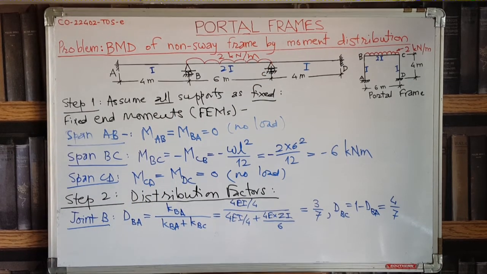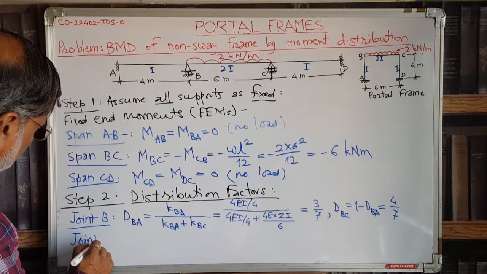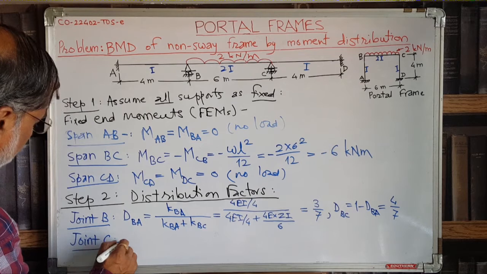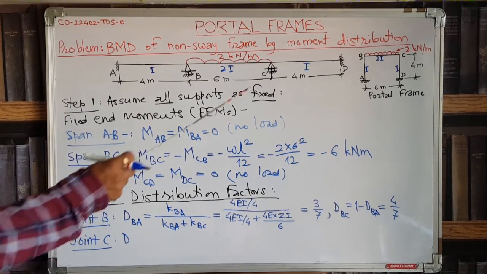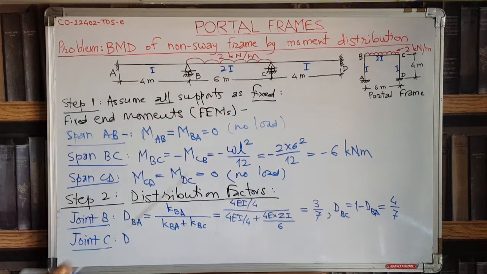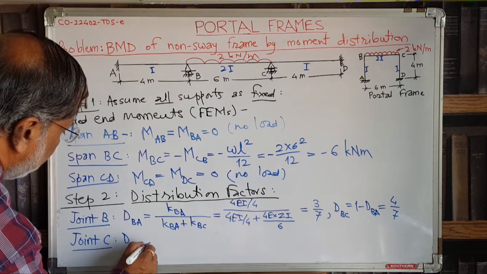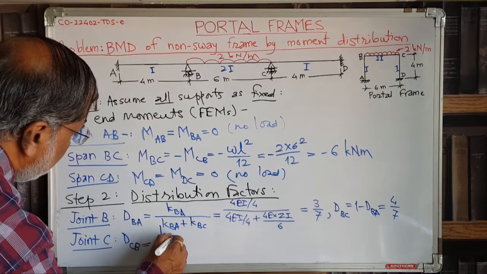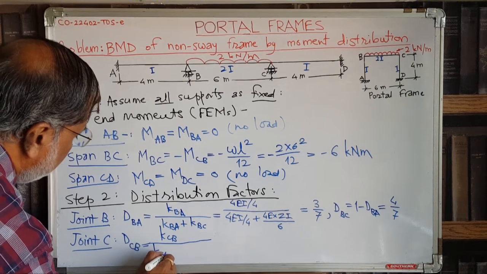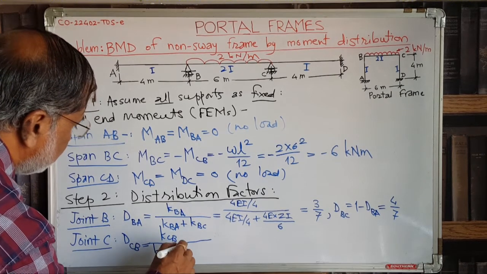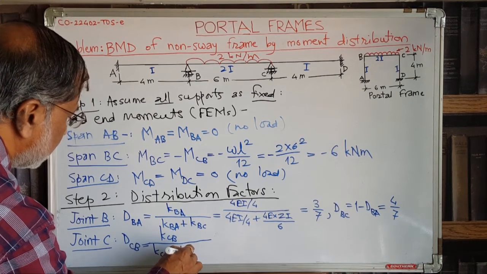Now we will go to joint C. Again at joint C we know that there are two beams meeting, CB and CD. So the formula is for CB, it is KCB upon KCB plus KCD.